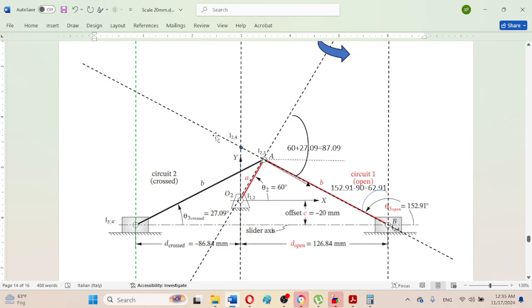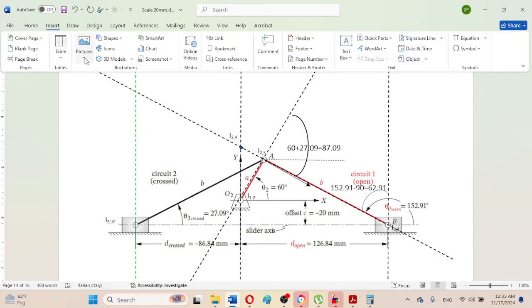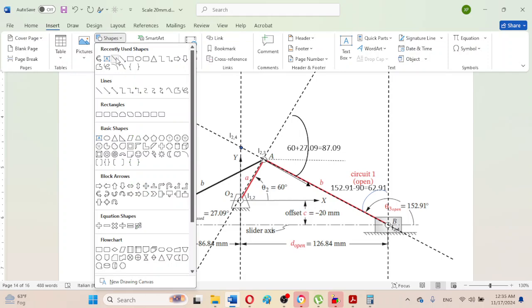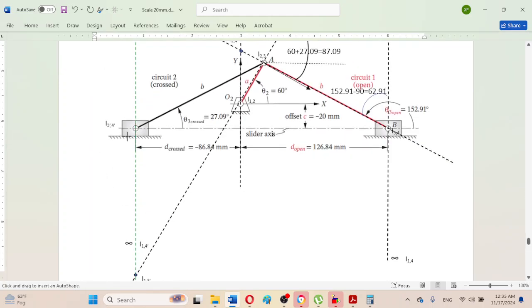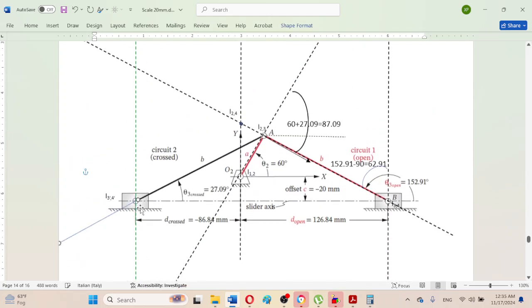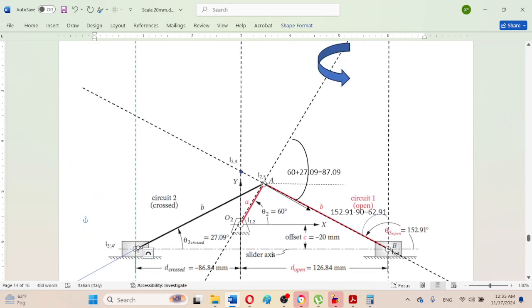Just use an independent line here to overlap this connecting rod link which actually connects the instant centers 2, 3 and 3, 4.